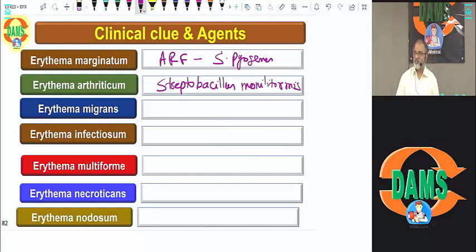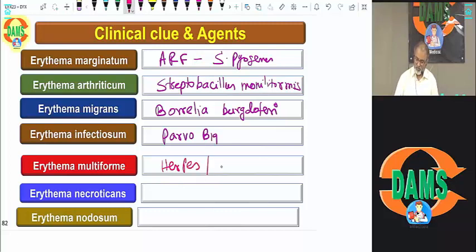Erythema migrans, Lyme disease, Borrelia burgdorferi. Erythema infectiosum, parvovirus B19, fantastic. Erythema multiforme, herpes and mycoplasma. Erythema necroticans, lepra reaction 3.